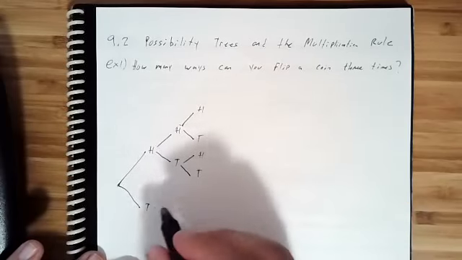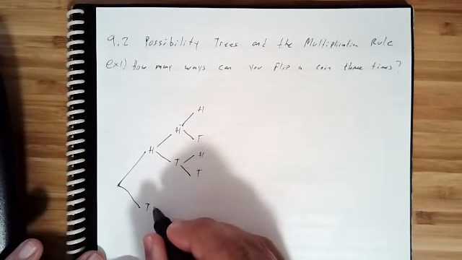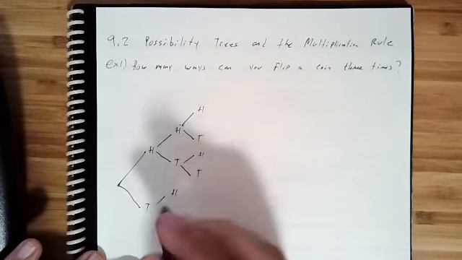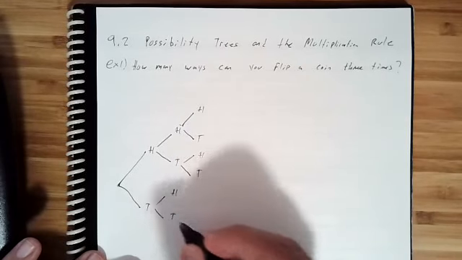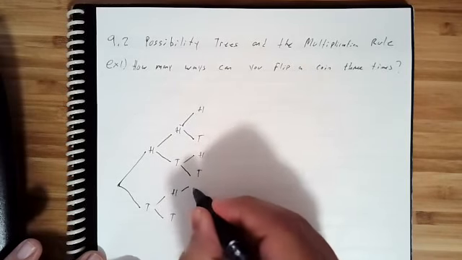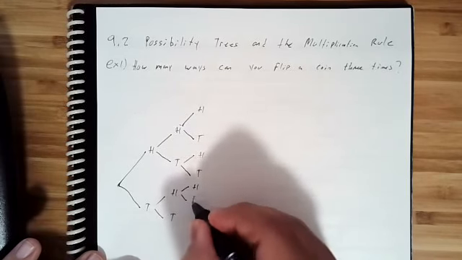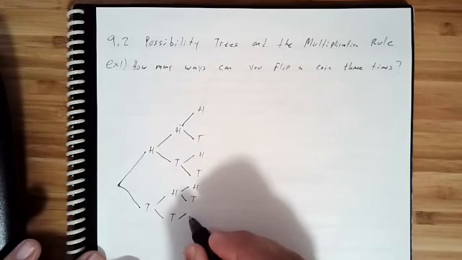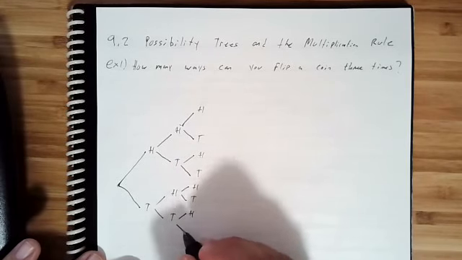If I started with tails, then I could get a heads, then a tails. This could be heads or tails. And then this could be heads, then tails.